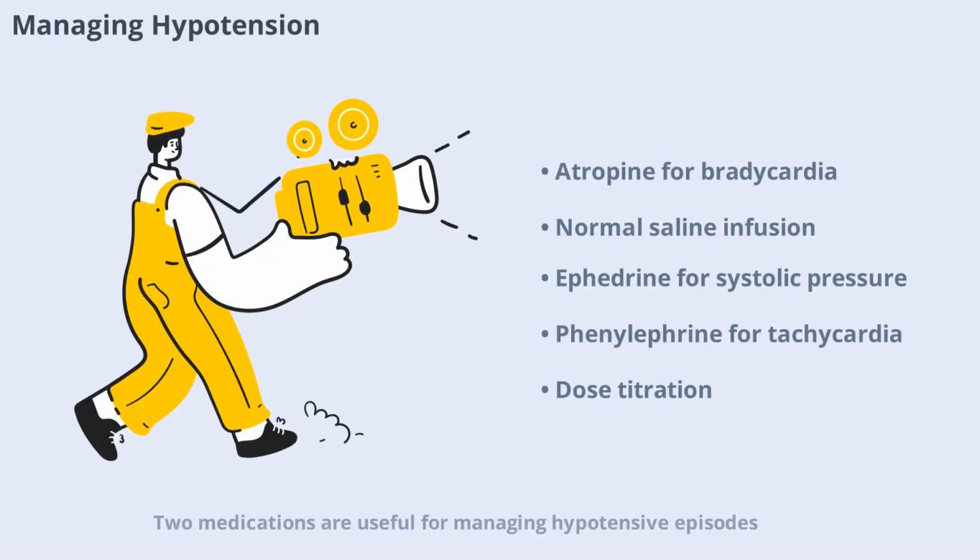Two medications are useful for managing hypotensive episodes. When hypotension is accompanied by bradycardia, atropine is administered at 0.5 milligrams IM or IV, repeated every 5 minutes up to 3 milligrams. Rapid infusion of normal saline may be needed to increase blood pressure.